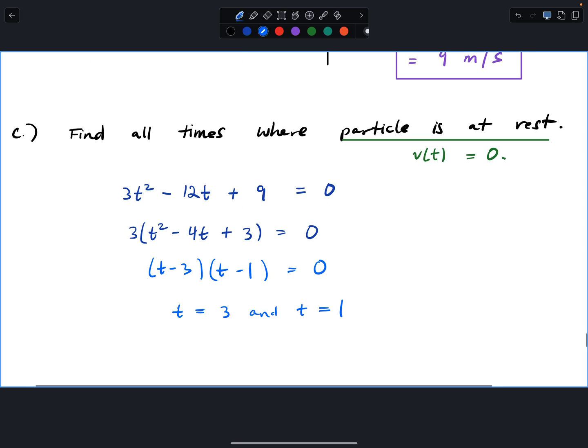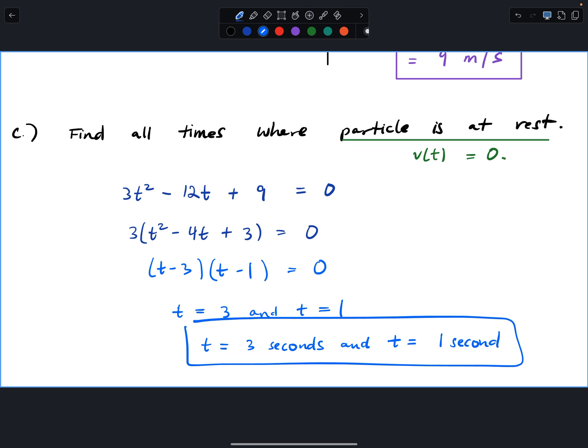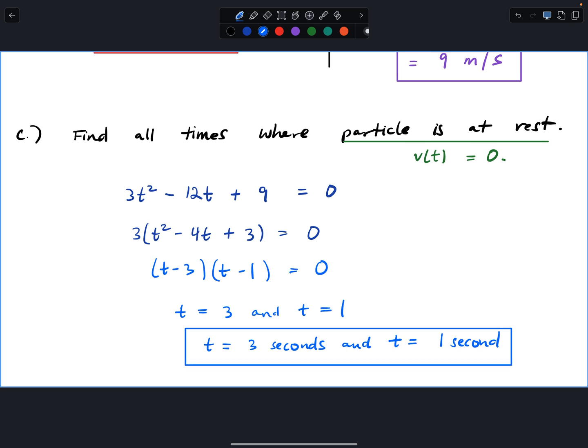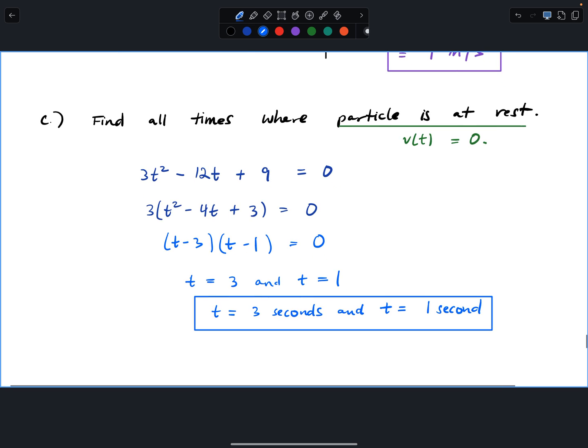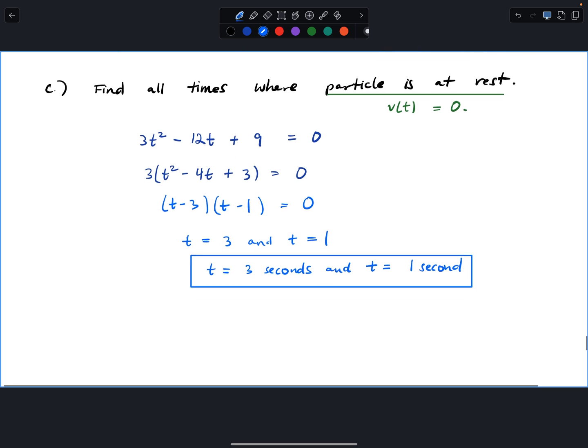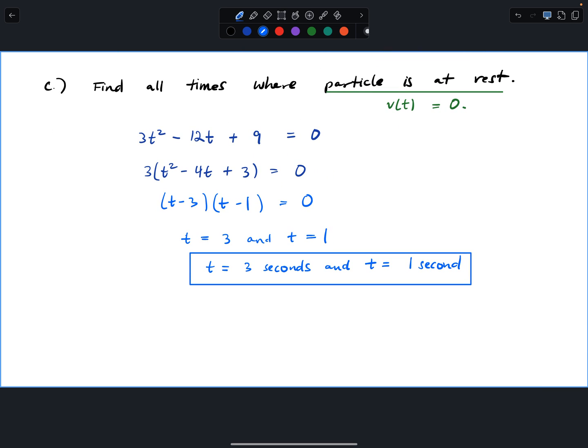So t equals 3 seconds, and t is equal to 1 second. The only time you do absolute value is when it asks about speed or something else. You guys will see right now.